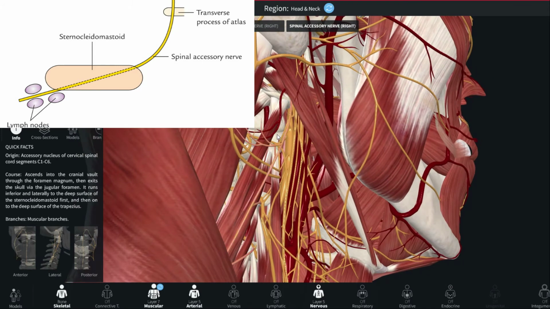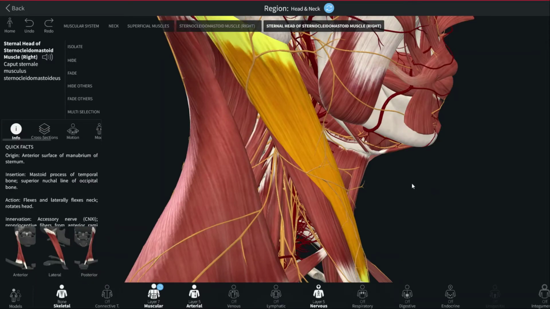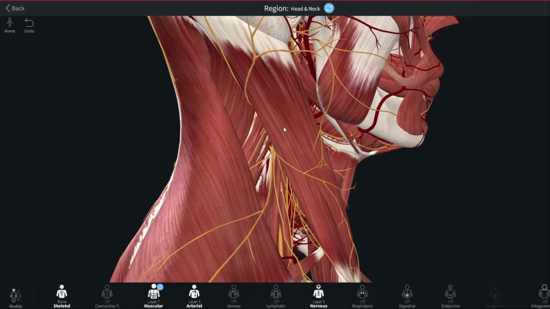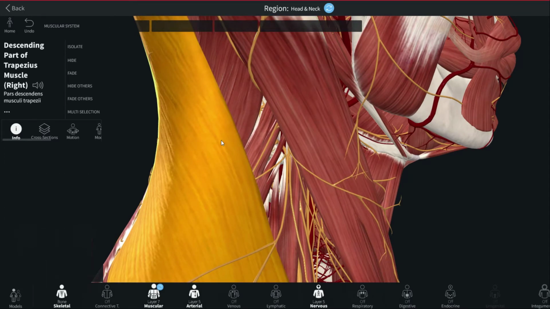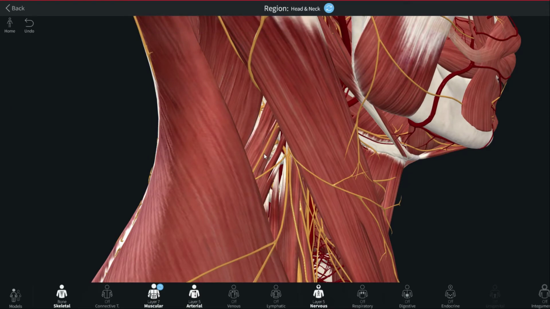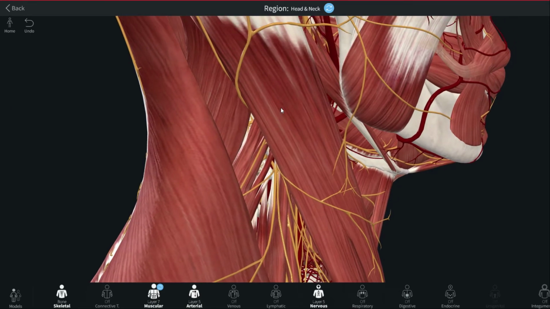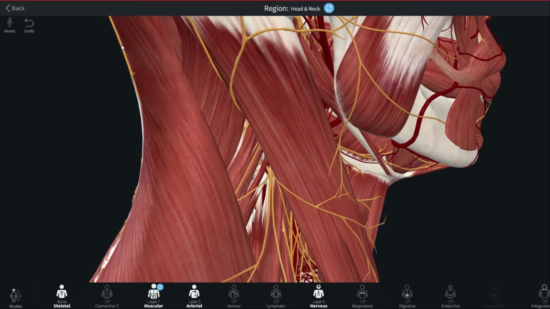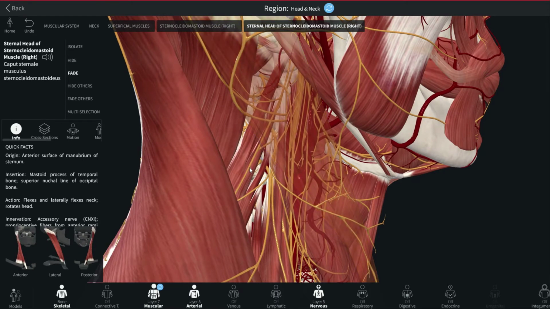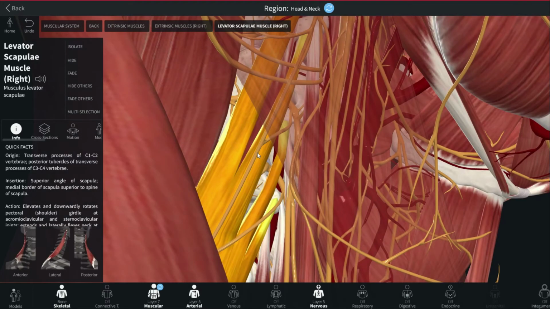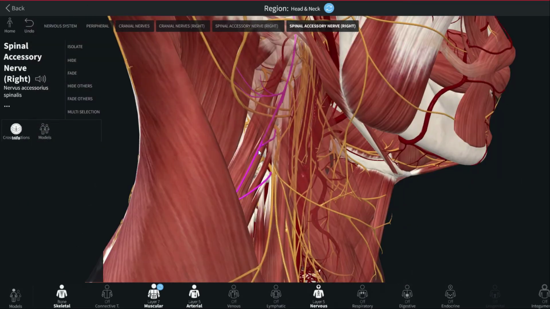But if we bring the sternocleidomastoid back, now we have brought it back. And this over here is the spinal accessory nerve.